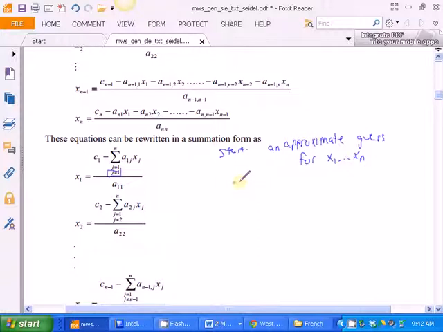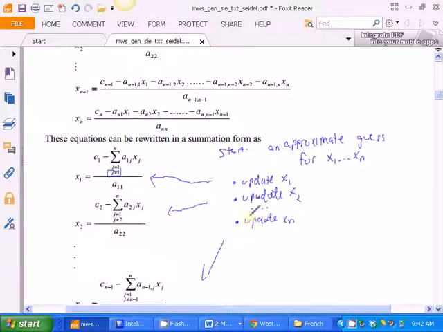First, I'm going to update x1 according to this equation here. Then I'll update x2 according to this equation here. And I'll update all of my variables according to the last equation there. And I hope that at this point, my approximation has been improved.